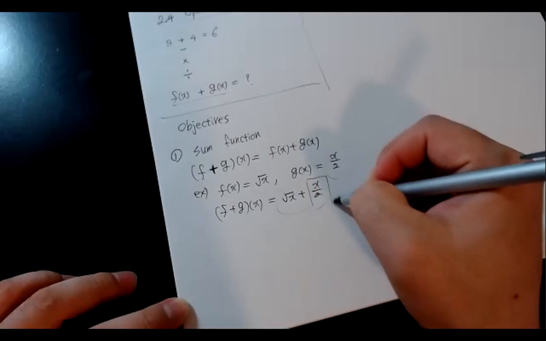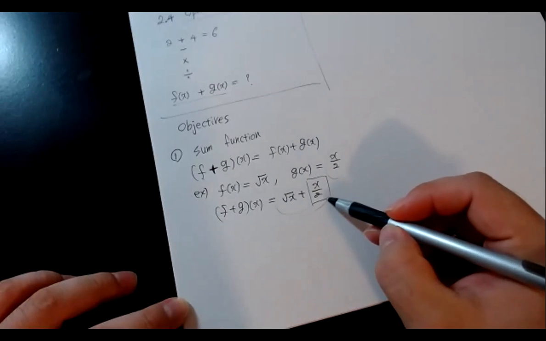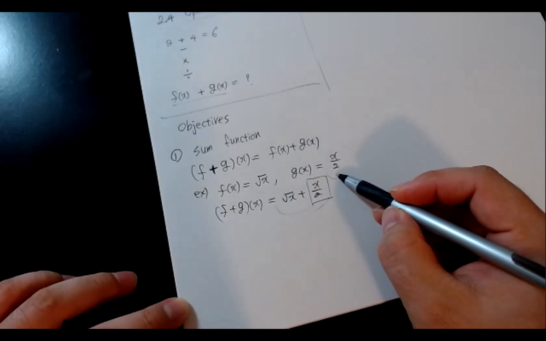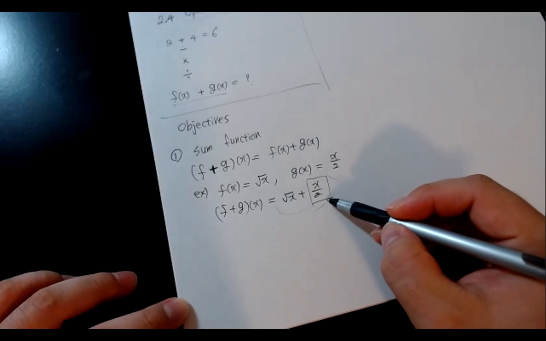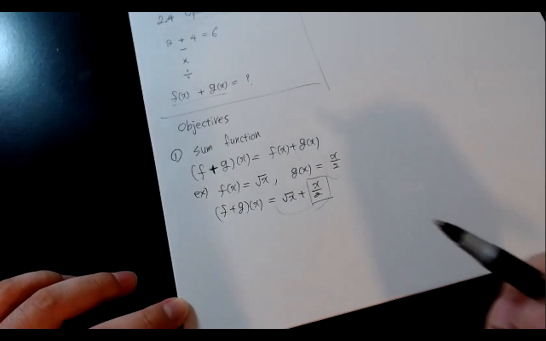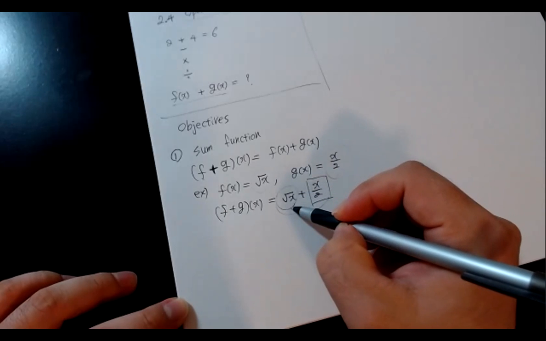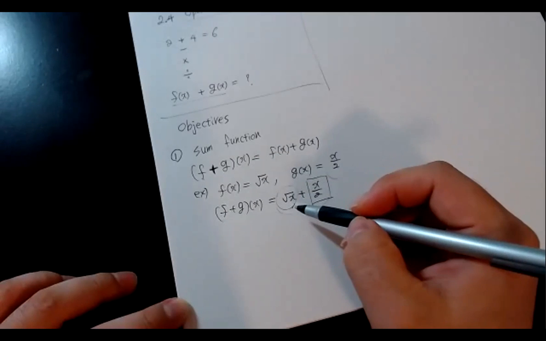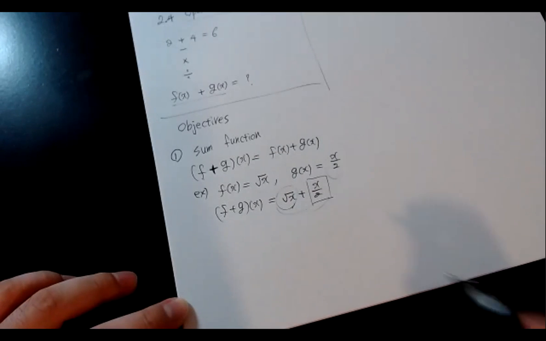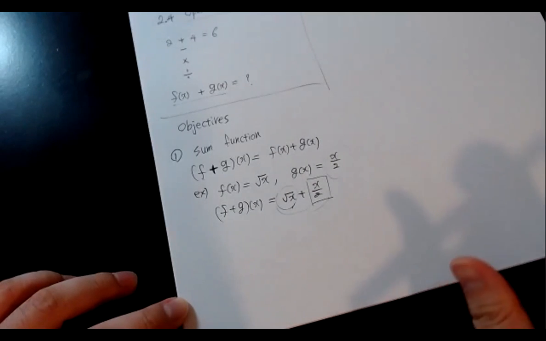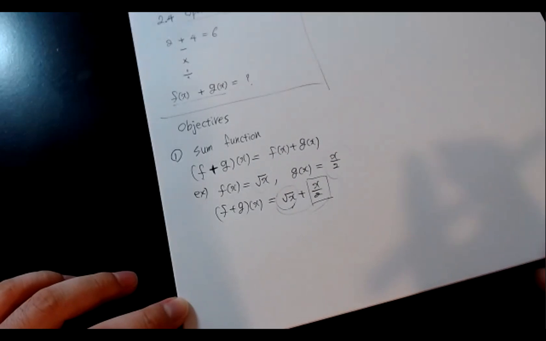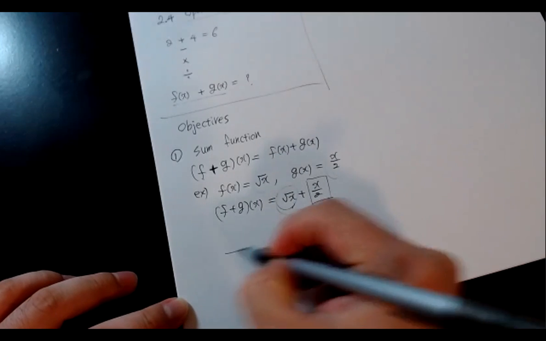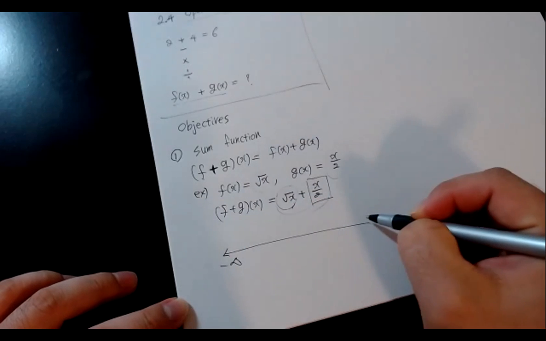The second term comes from g of x, so its domain is negative infinity to infinity. But the first term comes from f of x, and its domain is 0 to infinity. Then we have to choose the intersection of the two domains of f and g, which is 0 to infinity.